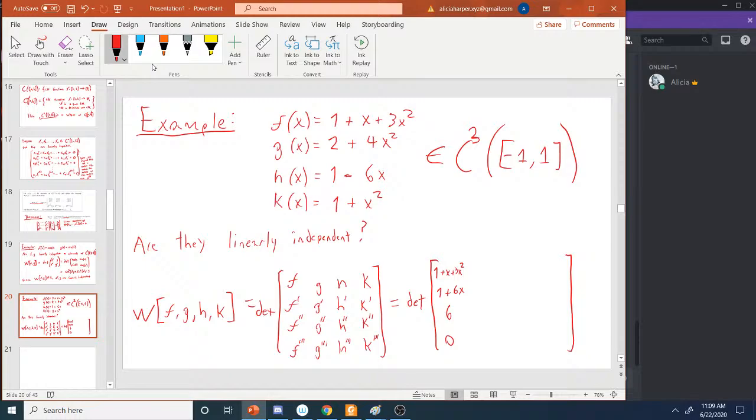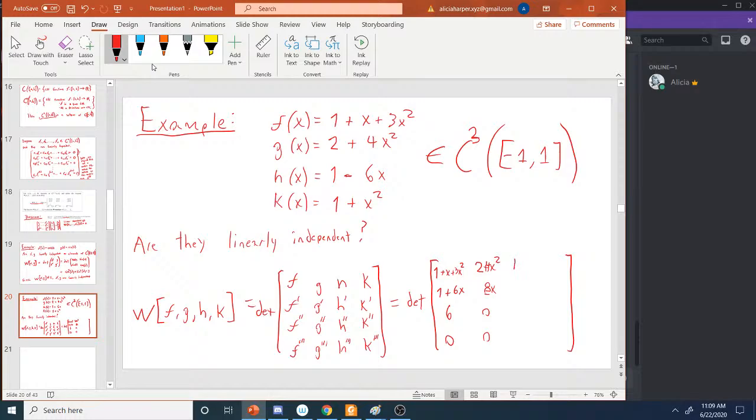Now I look at g, 2 plus 4x squared. Its first derivative is 8x. Its second derivative is 8, and its third derivative is 0.